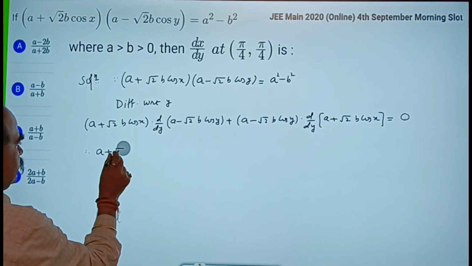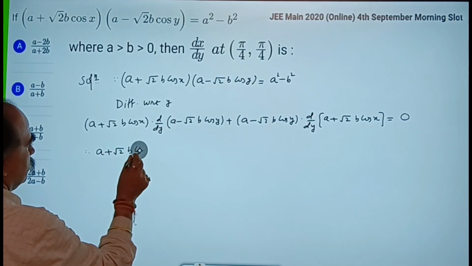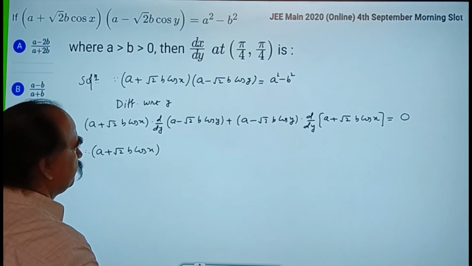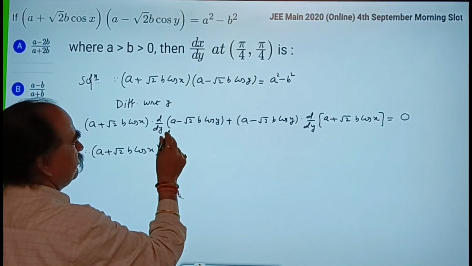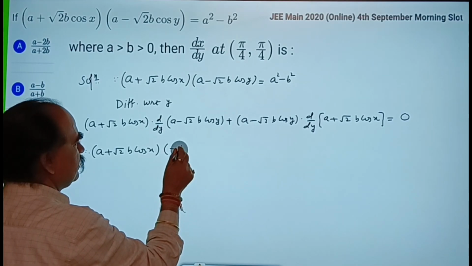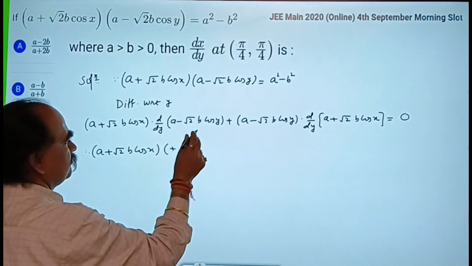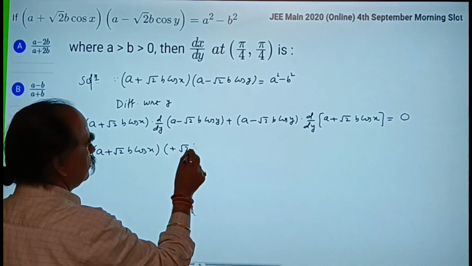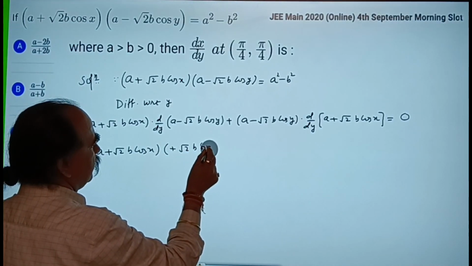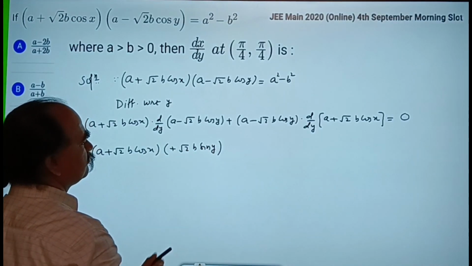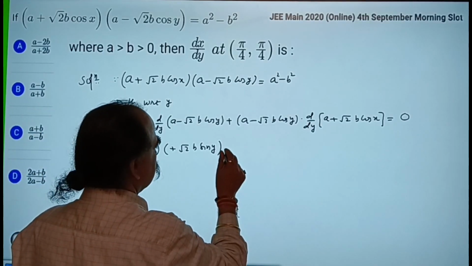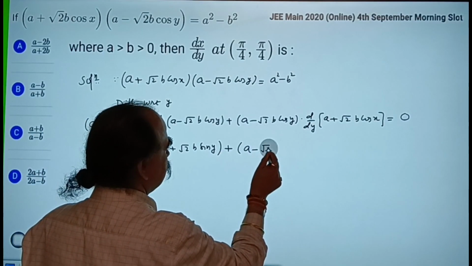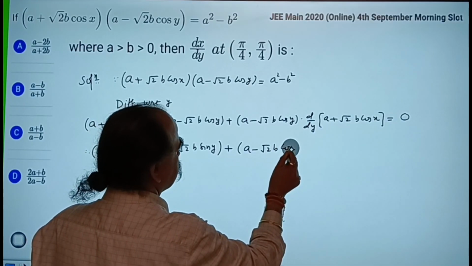A plus root 2b cos x. Derivative of this is what? Derivative of a is 0, minus root 2b into derivative of cos y, which is minus sin y. So plus root 2b sin y into derivative of y, which is 1. Plus a minus root 2b cos y.